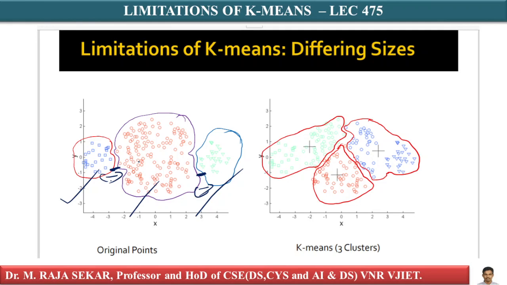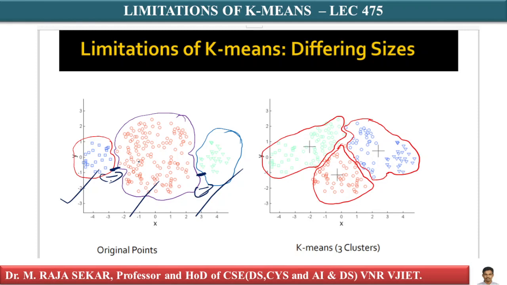This is the problem that often occurs. If these clusters were far away, this problem would not have occurred. But these are different size clusters close together, and hence we tend to see a problem like this.